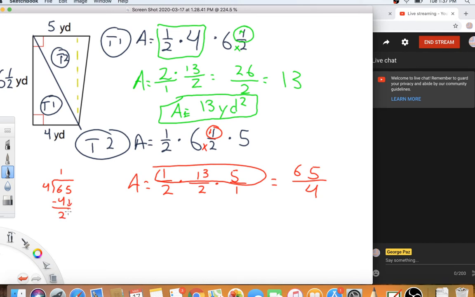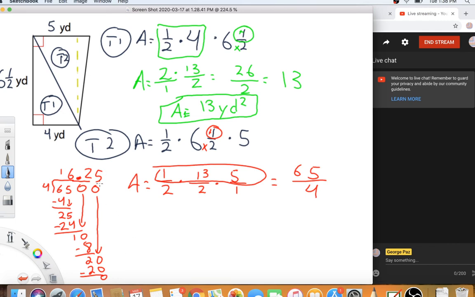Bring down the 5. 4 times 6 is 24. I get 1 left over. We're going to add a decimal because we're going to add a 0. It's a horrible decimal. 4 times 2 equals 8. Actually, 4 times 5 equals 20. We get a 0.